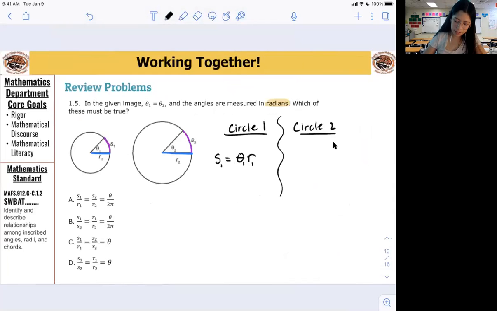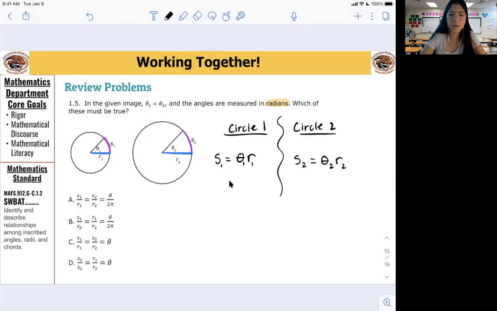For circle 2, it's the same thing. I keep saying pi, I'm so bad at that. Theta 1 is equal to theta 2. It tells us.